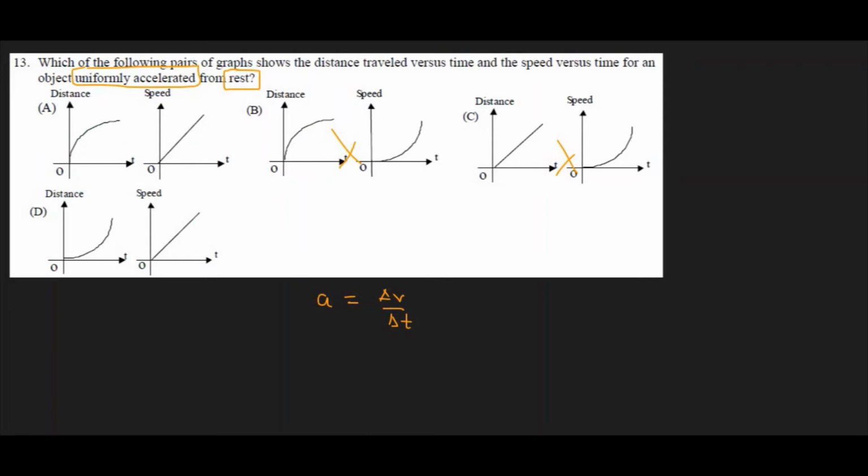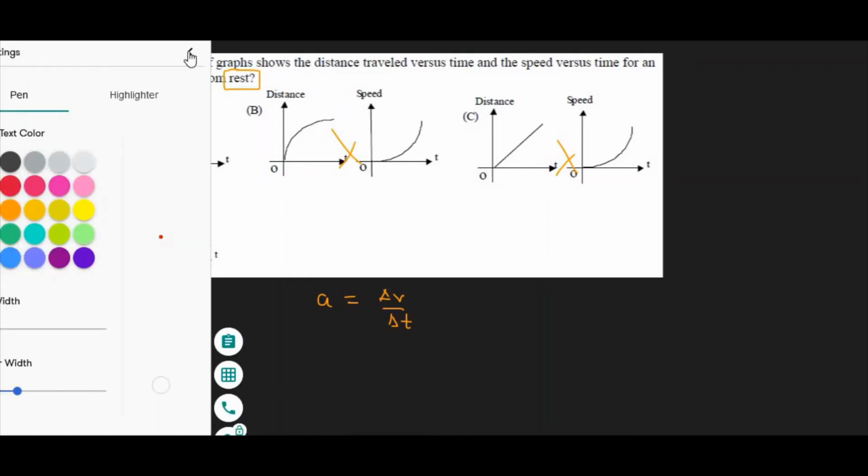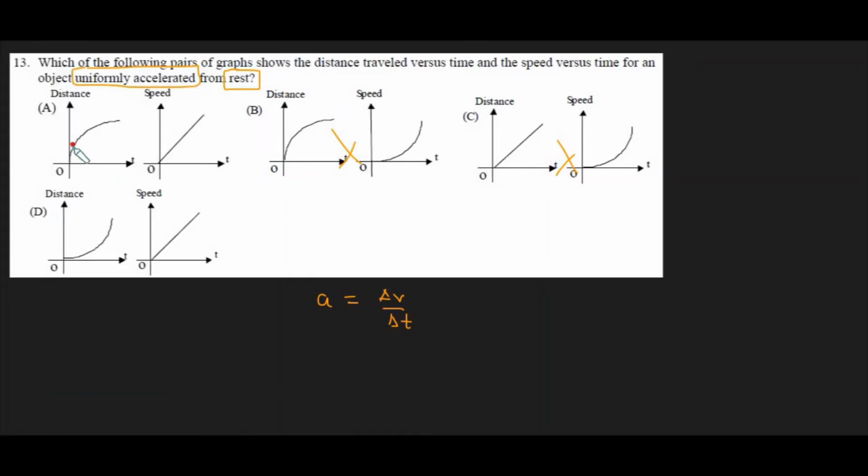In case of the first one, the distance time graph, let's consider one point here and another point here. So it's point A and the other one is point B. Now we know from the distance time graph, if we take delta S upon delta T, that represents the velocity. So velocity is equal to the change in displacement per unit of time.